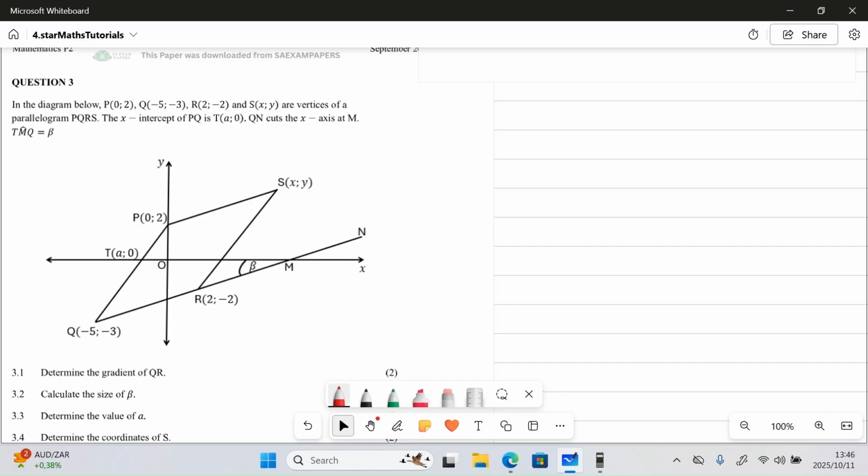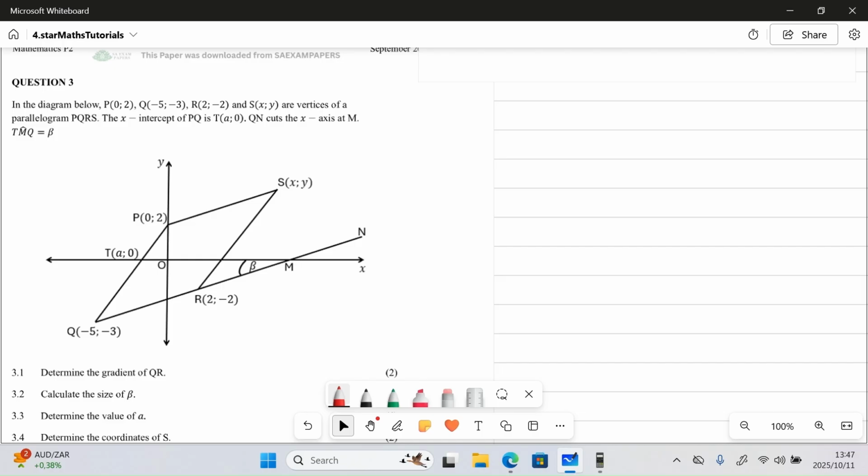If the two lines are perpendicular, meaning they meet at a right angle, then the two gradients of those lines, when we multiply them, must give us negative 1. That's when we talk about the gradient.